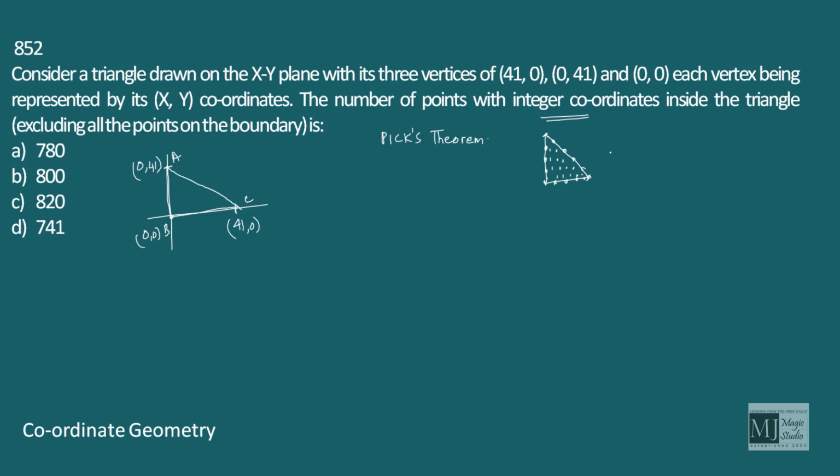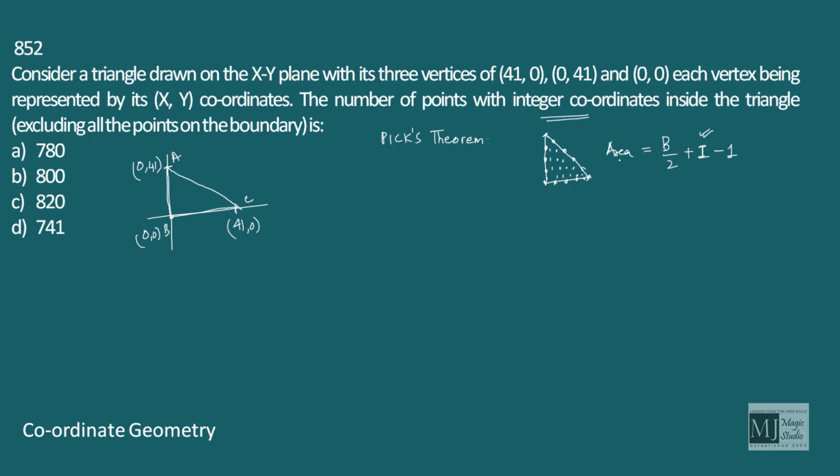Then according to Pick's theorem, the area of the bounded figure is given by B by 2 plus I minus 1. B means boundary points, I means integral points inside the particular bounded figure, and 1 is 1. So we would be using the same formula to find the value of I.